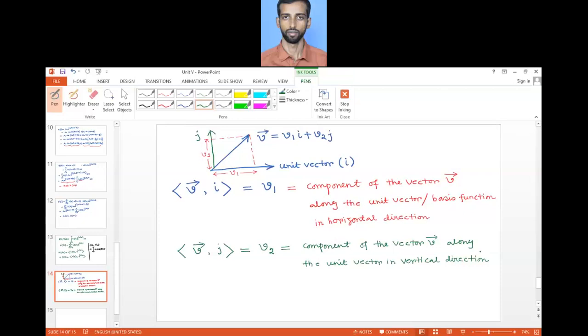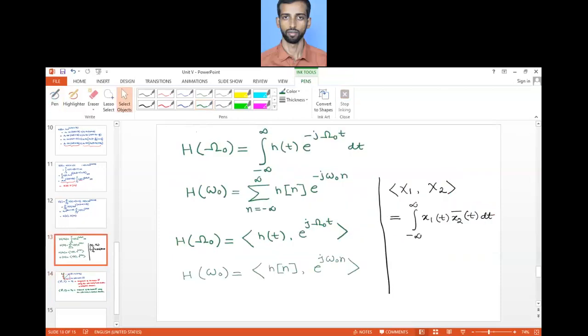Accordingly you'll have the component along those different unit vectors or basis functions, but it is very difficult for us to visualize these 10 different unit vectors on a two-dimensional or three-dimensional plane. So with this note, I would like to conclude over here.